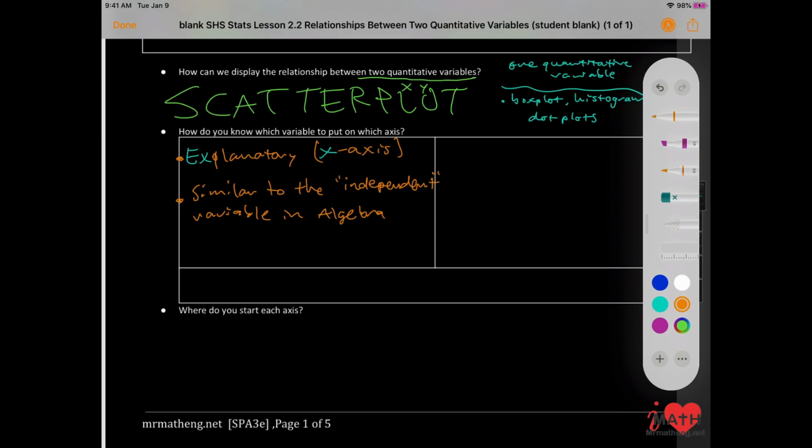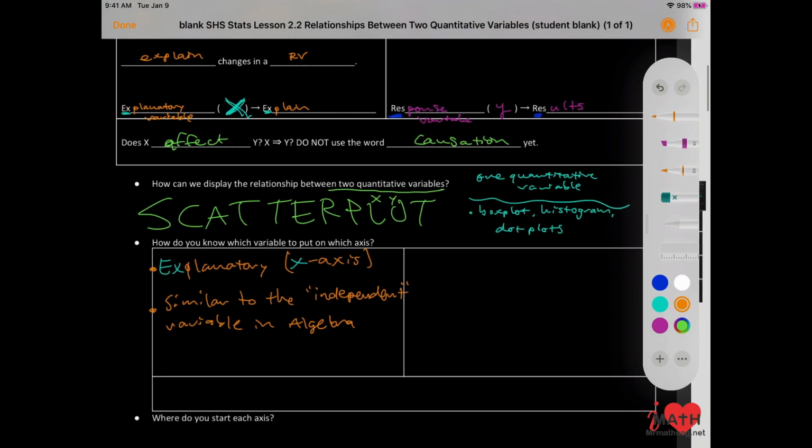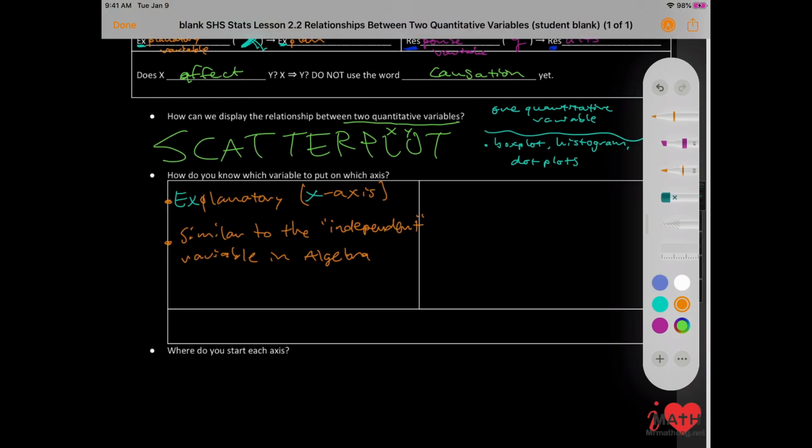Okay, so what do you think that means for the y variable? So what colors do we use back up here? The response refers to the y-axis, because we're worried about the results.